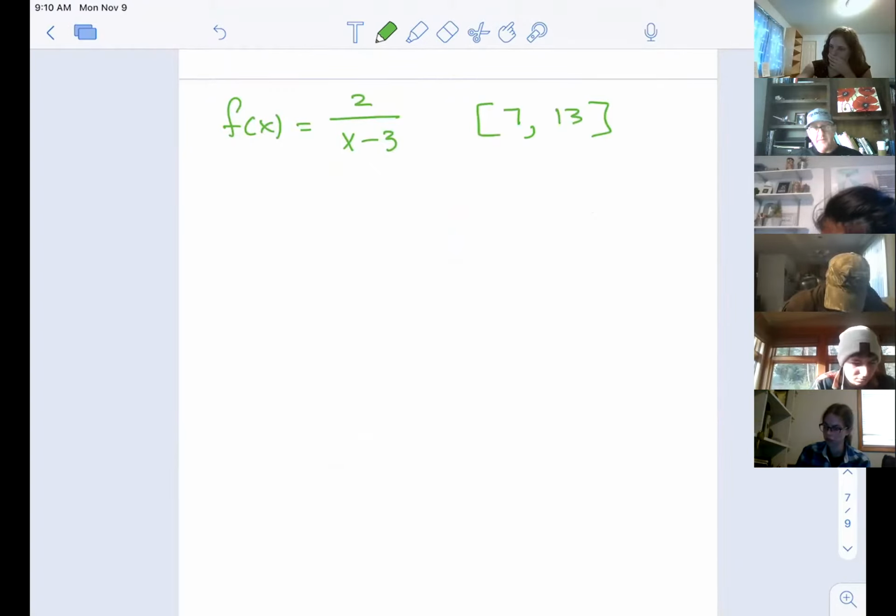And can you find the point on the graph that has the exact same slope?